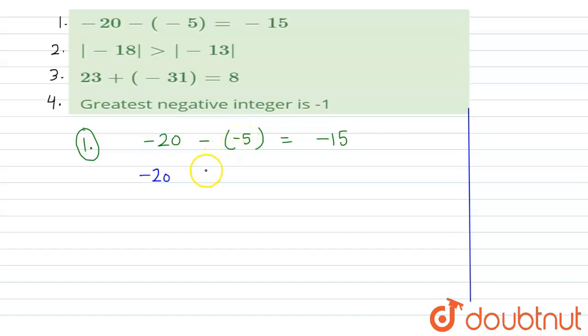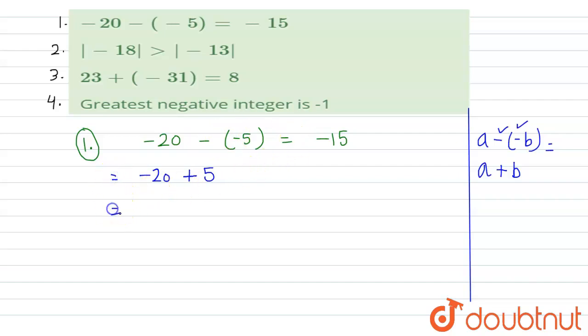When we subtract a negative integer, a minus negative b, the two negative signs change into a normal sign. So a minus negative b can be written as a plus b. Hence we can write this as negative 20 plus 5.